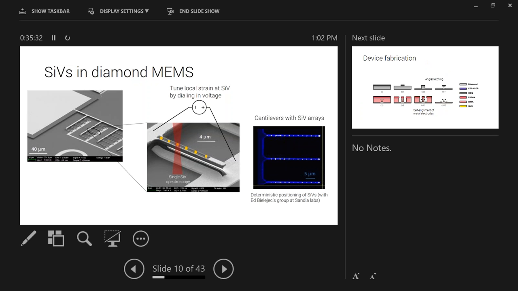The technique that we use to do this is called focused ion beam implantation, where you basically shoot a focused ion beam of silicon exactly at the spots where you want to implant it. So you can deterministically position these emitters, which is a big challenge for solid state emitters, but we can now do it with SiVs. This is done in collaboration with a group at Sandia National Labs.